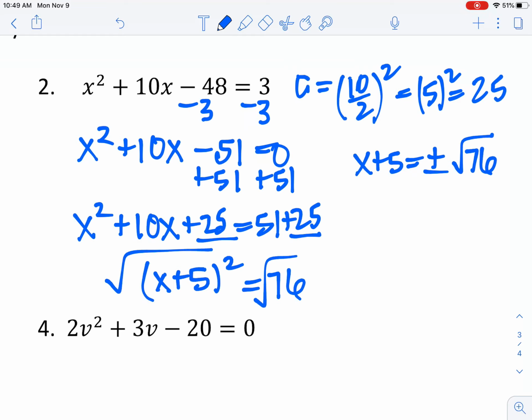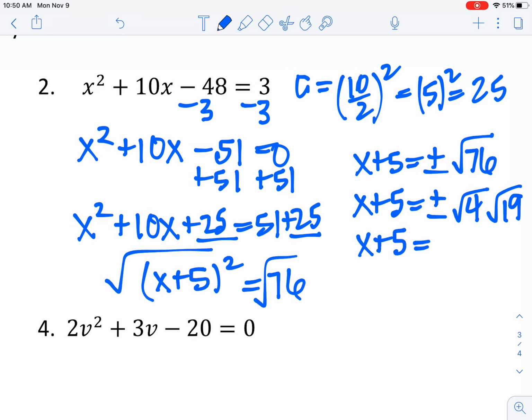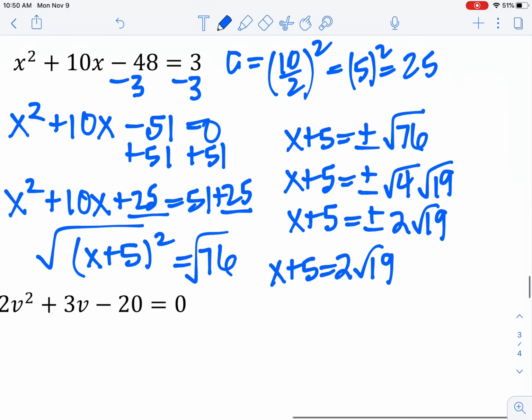Now if I start trying to see if this has a perfect square, let's see, 76 divided by 4 is 19, so 4 goes. So we would say x plus 5 equals plus or minus radical 4, radical 19. This turns into 2 radical 19. So then x plus 5 equals positive 2 radical 19.